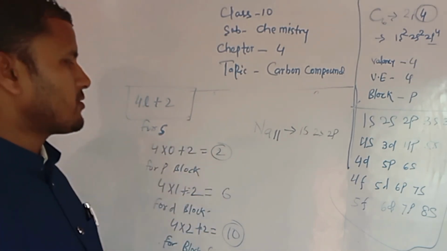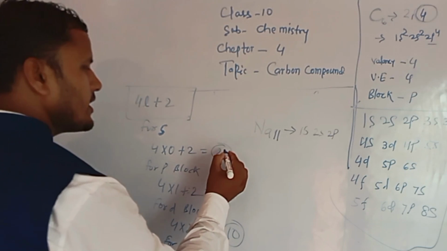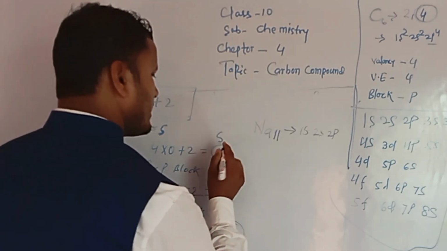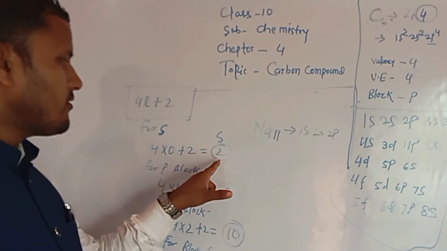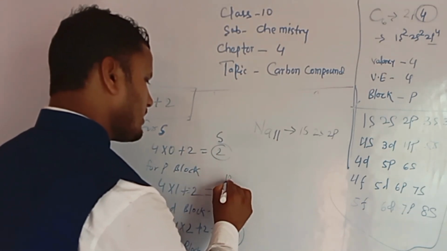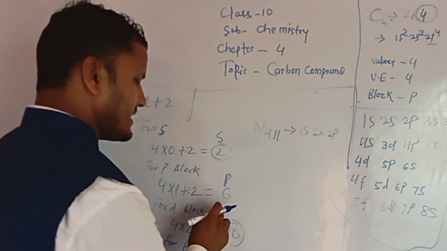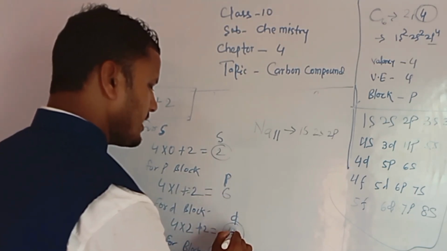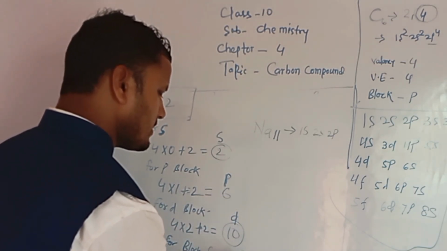Clear? What should be noted here? In block s, at most 2 electrons can live, in block p 6, in block d 10, in block f 14.